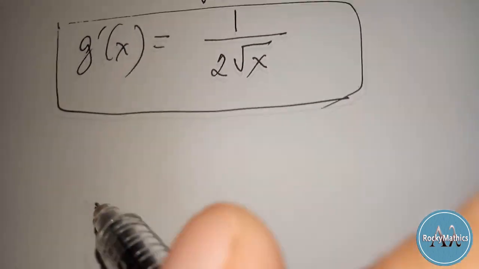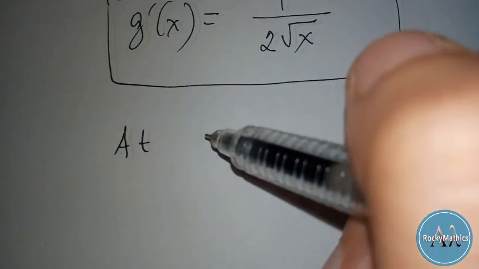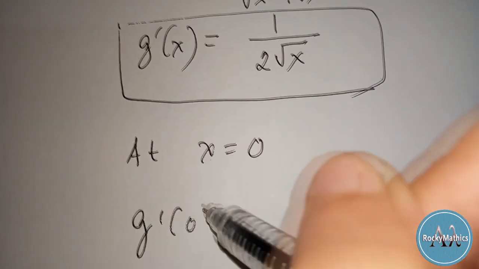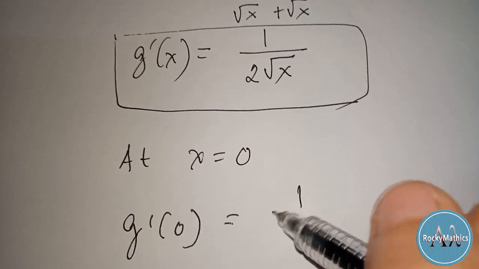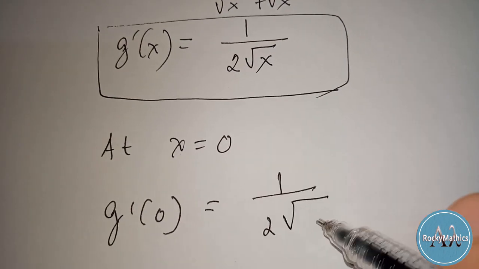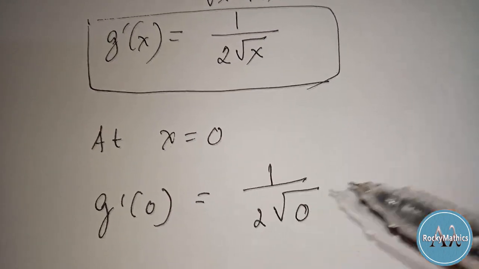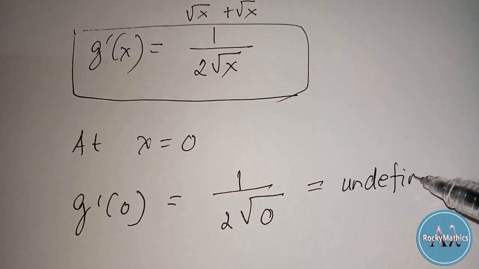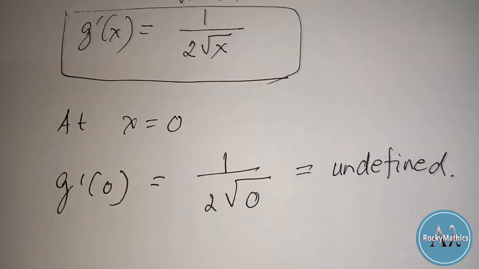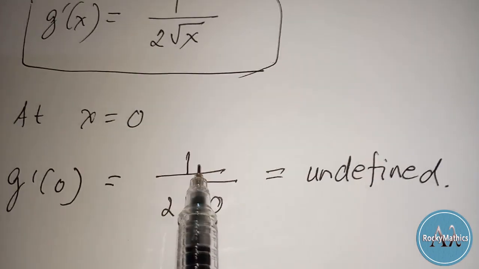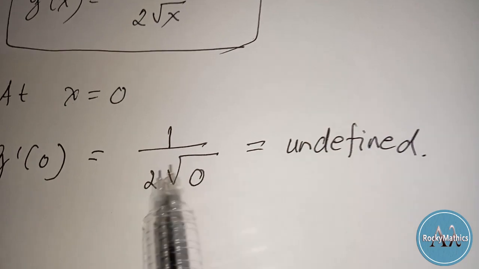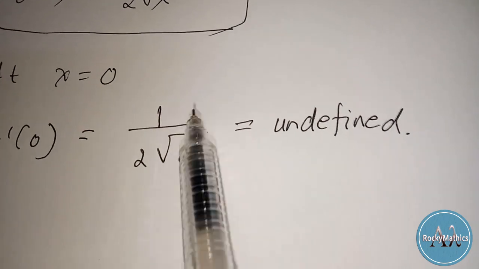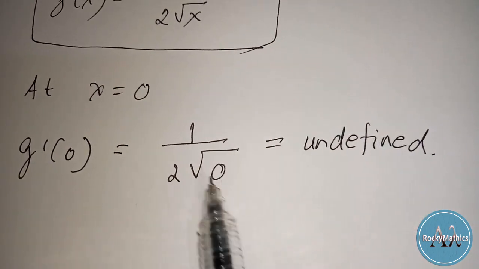Now take note, at x equal to 0, g prime of 0 becomes 1 over 2 square root of 0. This is undefined, because we have a numerator 1 over the denominator 0, since square root of 0 is 0 times 2 is 0. So we have 1 over 0, which is undefined.